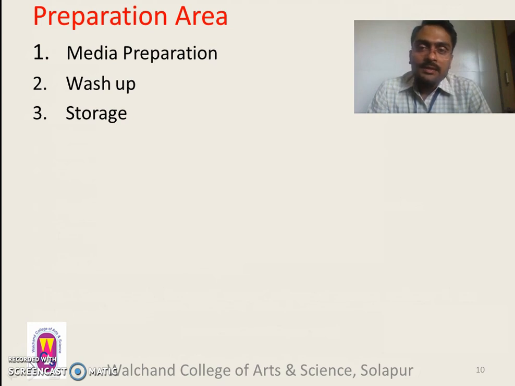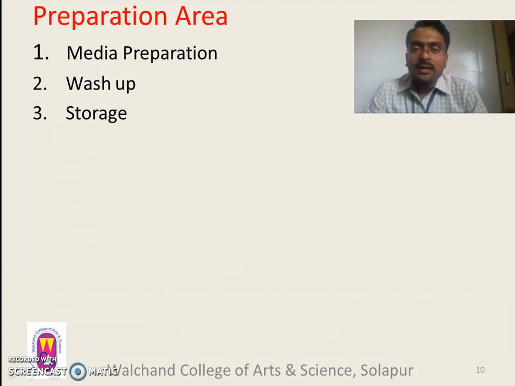The second part in this area is the wash-up area, where the actual washing of the glassware is carried out, and the third part is the storage, where different types of glassware, plasticware, forceps, masks, hand gloves, lab coats, etc., and the other instruments used in the animal tissue culture laboratory are stored.